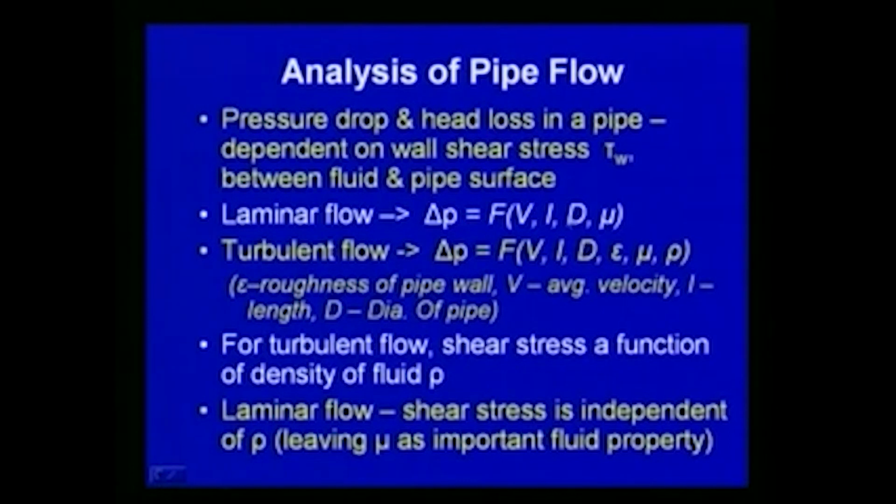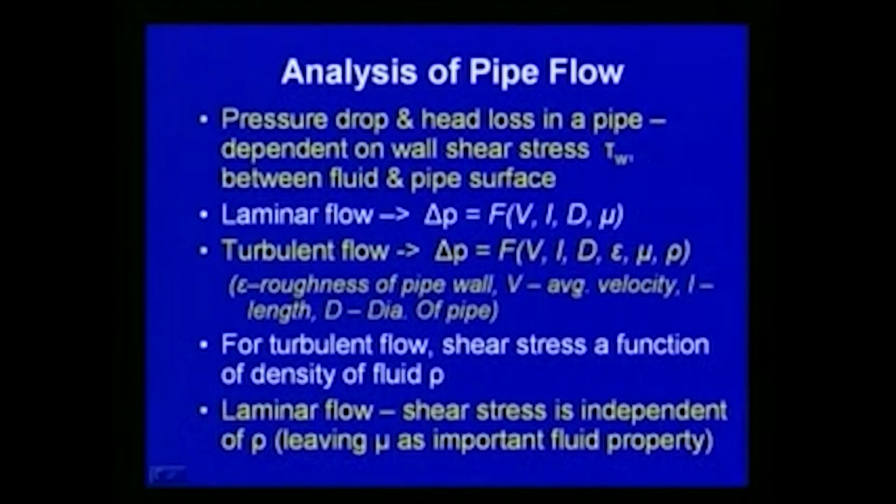So, comparing fully developed laminar flow and fully developed turbulent flow, we can see that for turbulent flow the roughness of the pipe wall plays a major role as far as pressure drop and head loss are concerned. But in the laminar case, the pipe wall roughness does not play much of a role; it is not so important.